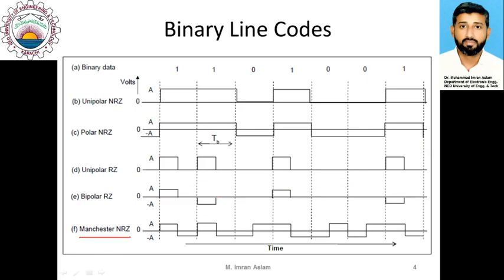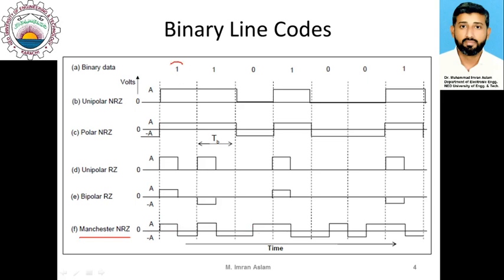We have another coding scheme which is named Manchester coding or Manchester NRZ. In that case, the information is represented by a transition of the pulse at half of the bit duration. For 1, we see a transition from positive to negative. For 0, we see a transition from negative to positive.